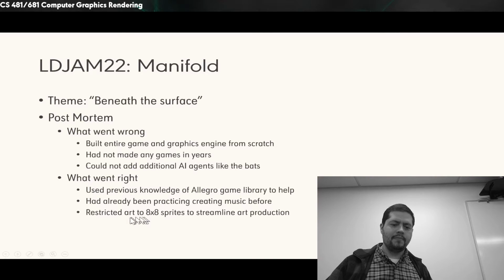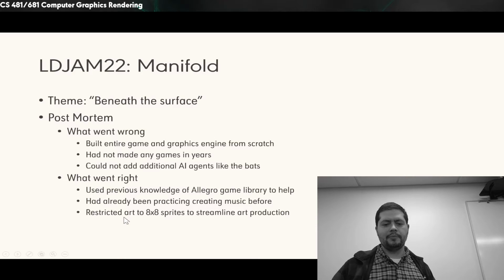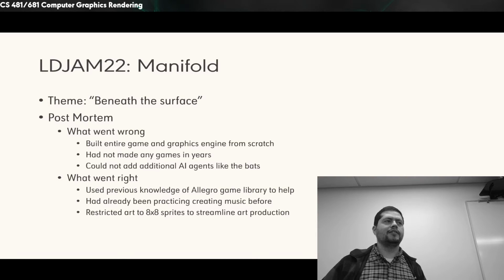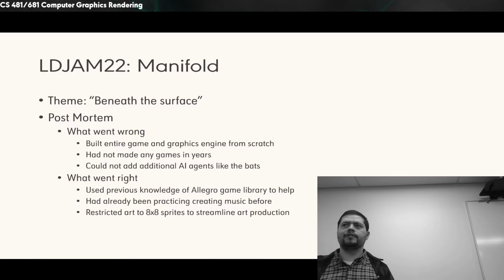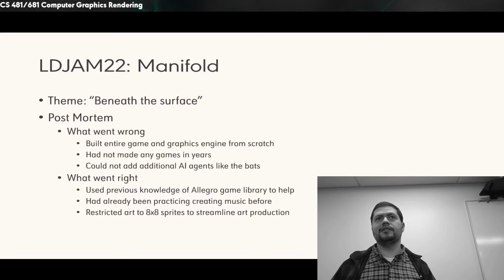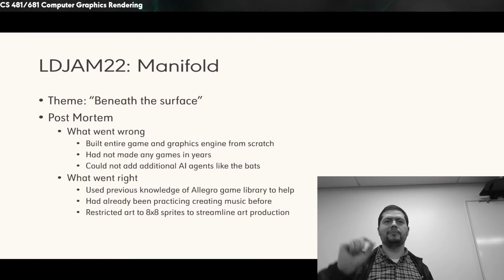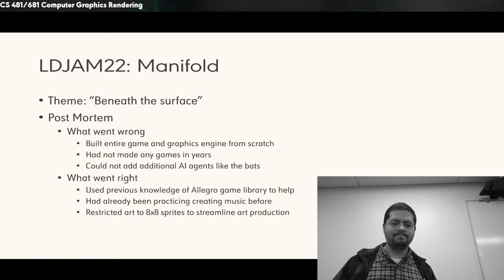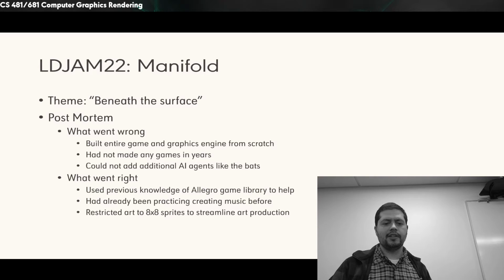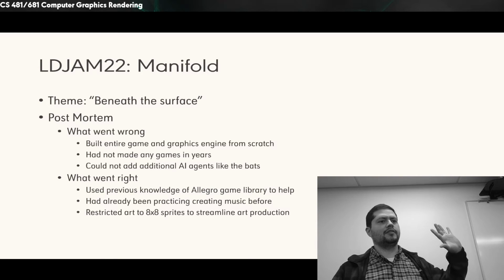And then I restricted the art to 8x8 sprites, because 16x16 is 256 pixels, 8x8 is 64. So right there, that reduces the amount of things you have to think about to a minimum. So those were things I used to help simplify the whole process.